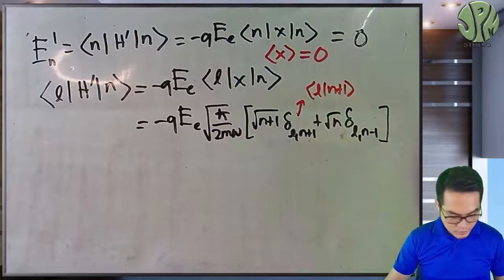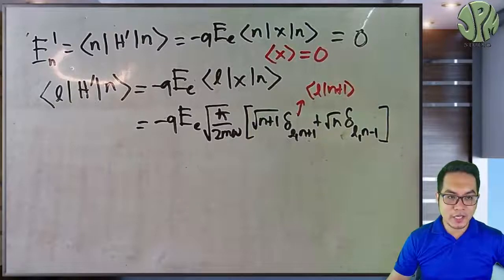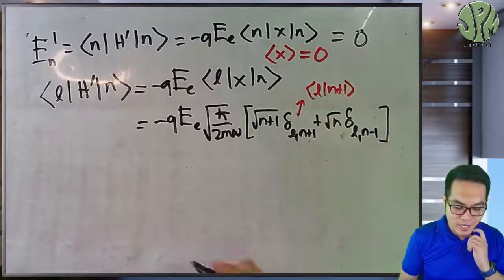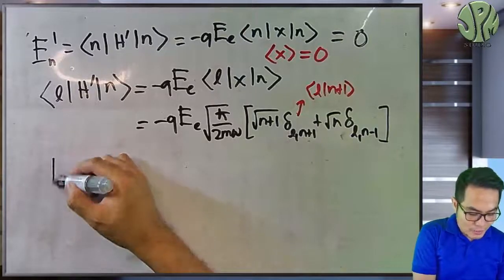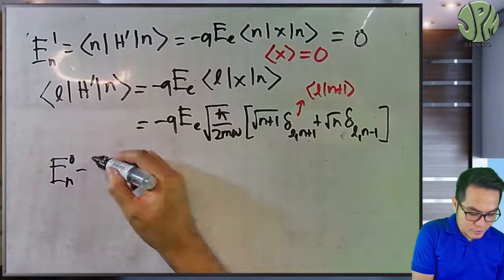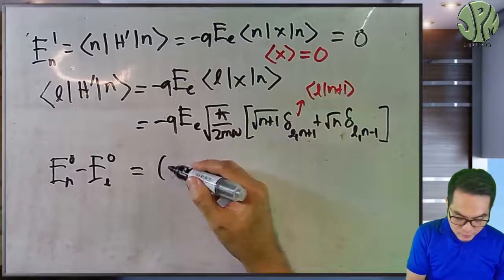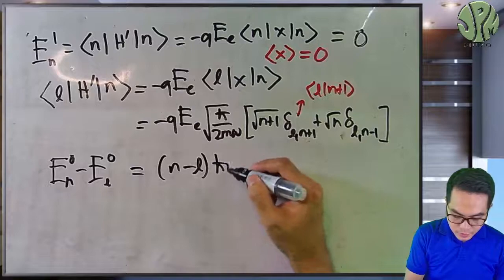Okay, so that's it for the expectation value of H prime with respect to psi L and psi n. And then we will get the difference in energy, En0 minus El0. And again, this is just from our previous result, n minus L times h bar omega.